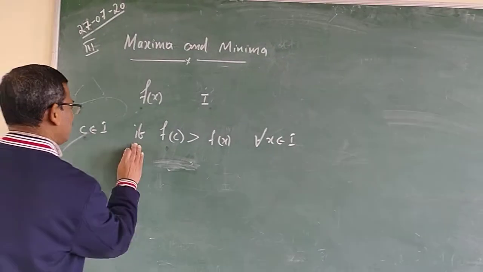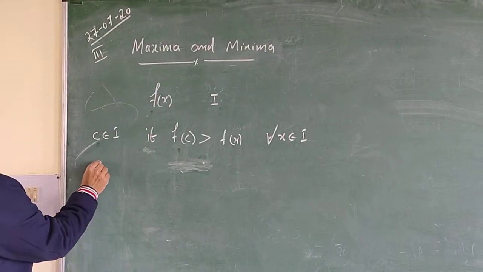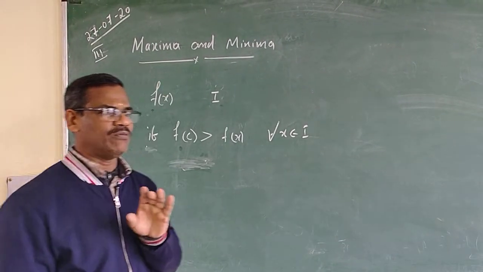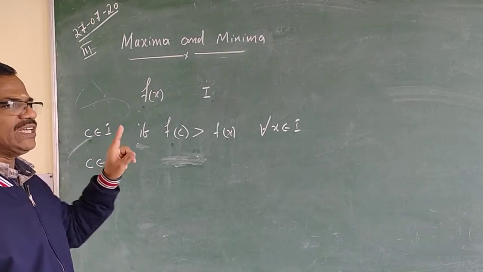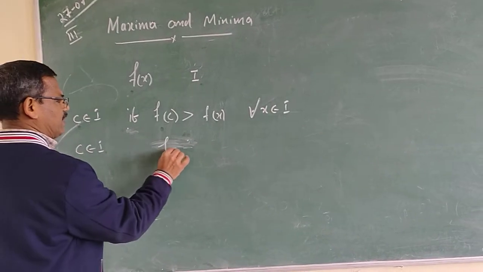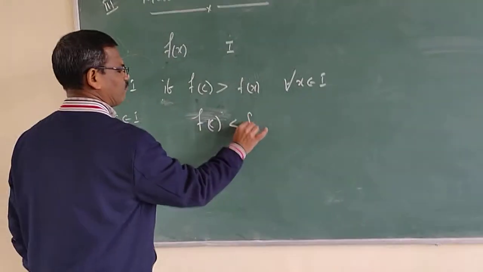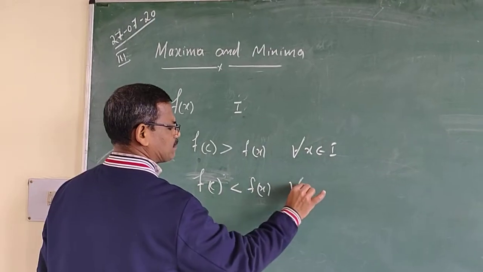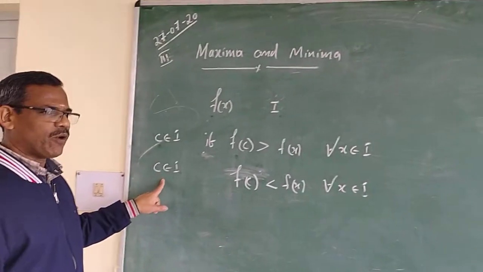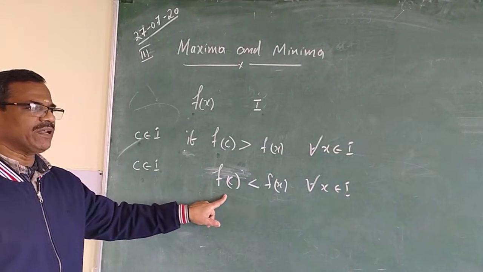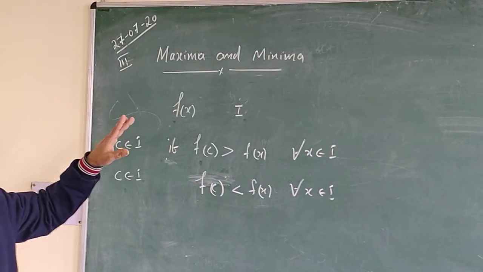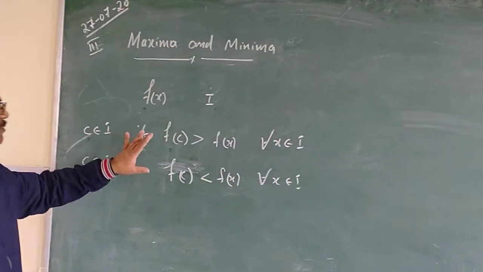In a similar way, c belonging to I is said to be a minimum of the function if f(c) is less than f(x) for all x belonging to I. c is called the point of minima and f(c) is the minimum value of the function. That is the definition of maxima and minima: highest value and lowest value. Mathematically we define it like that.